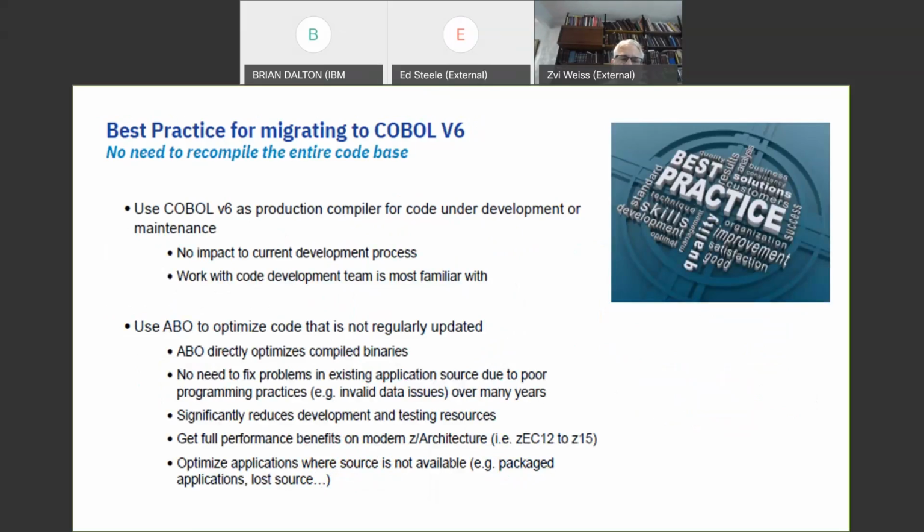You can make changes to your COBOL program and use COBOL version 6 as your production compiler. And for programs that are not changed often, you could optimize them with ABO and get the performance enhancements that you're looking for while you're taking your time with your migration to version 6 COBOL.